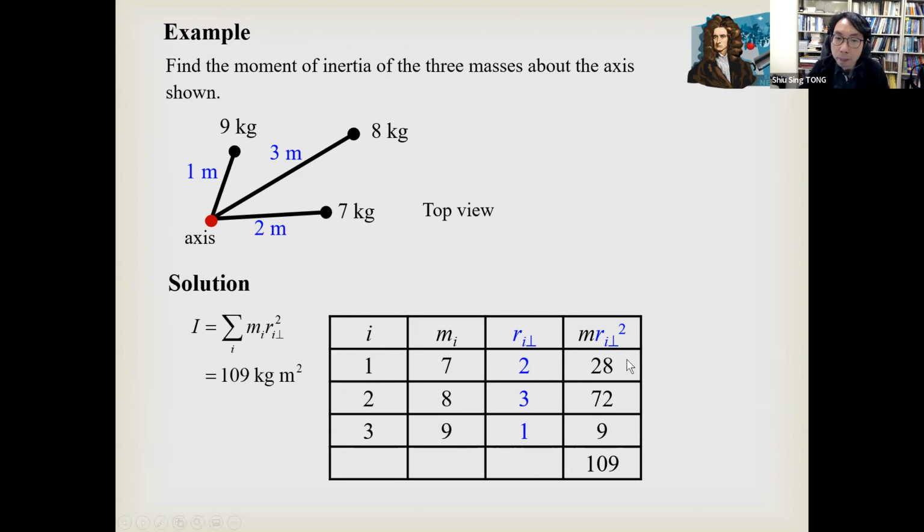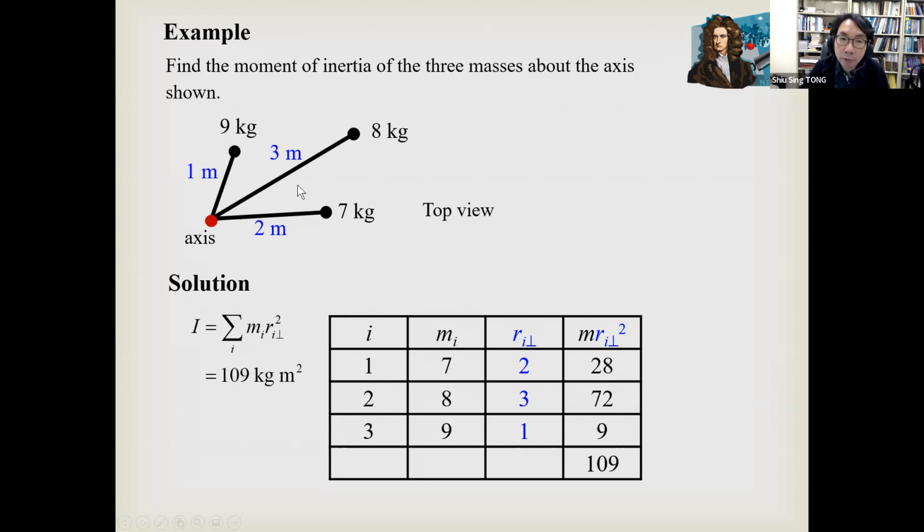I draw a table. Now I have to form a summation of the mass times the perpendicular distance square. So I label each of the masses. I label the 7 kilogram mass as 1. I label the 8 kilogram mass as 2. I label the 9 kilogram mass as 3. So the masses respectively are M1 is 7, M2 is 8, and M3 is 9, right?